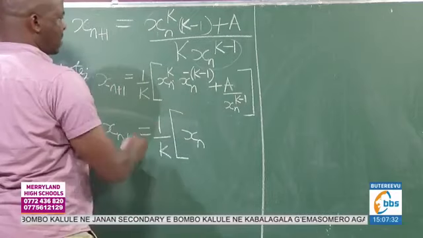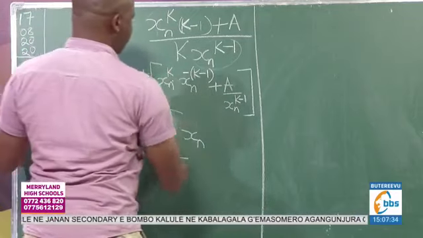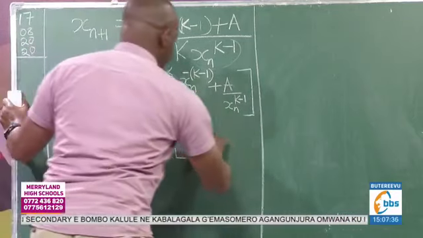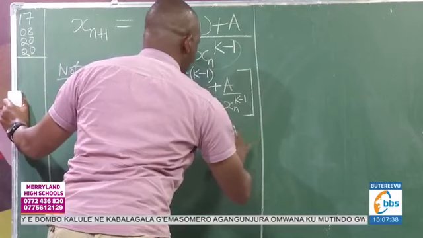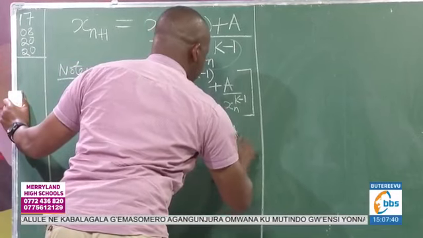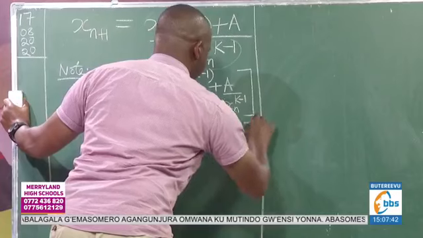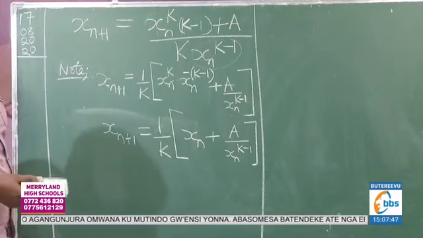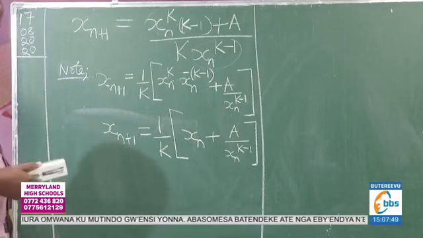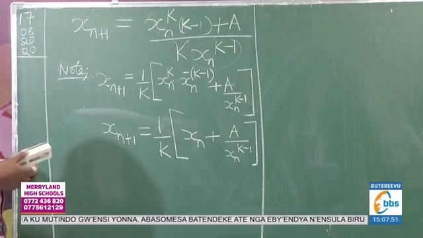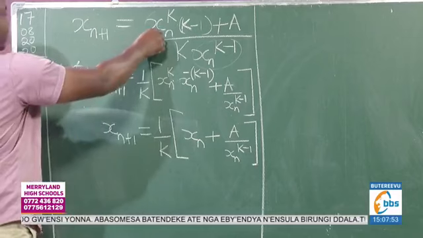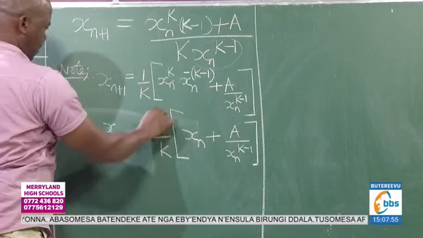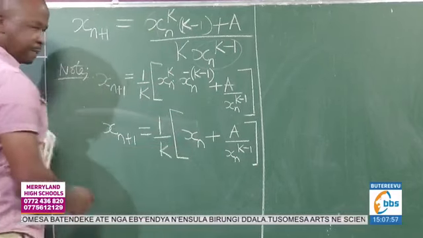So it means that the k will cancel, and I will simply have xn plus a over xn to the k minus 1. These two expressions are exactly the same. So that very number 5, part A, could be set, and instead of this, I ask students to show that the formula will actually be this.